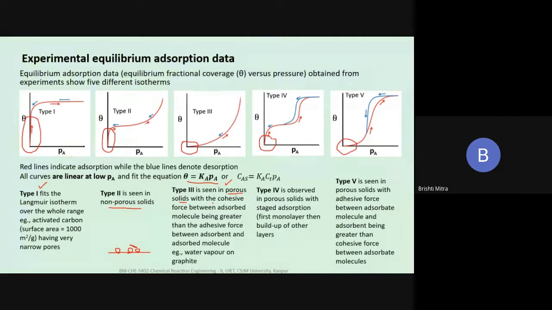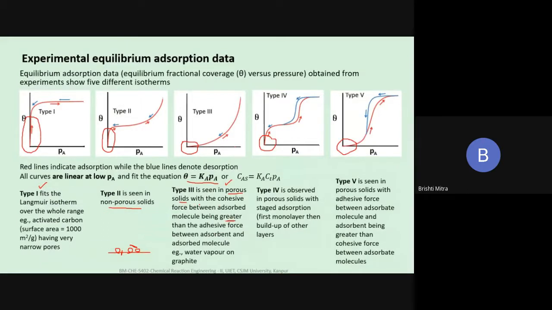The cohesive forces, which essentially always talk about forces between the same type of molecules, between these two species are more than the force between the adsorbent and the adsorbate. That means between the surface and the molecule which is sitting on top.